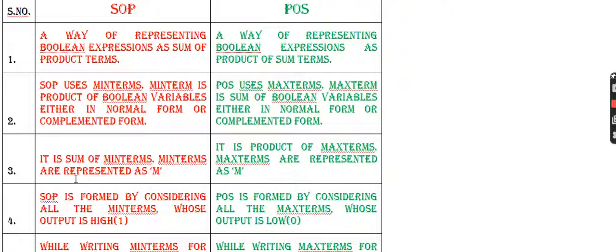Here the next step we are entering. Under SOP form, the P represents the second point and S represents the third point. It is a sum of min terms. A min term is nothing but a product term. The sum of those product terms, that is the sum of min terms, are represented as small m.